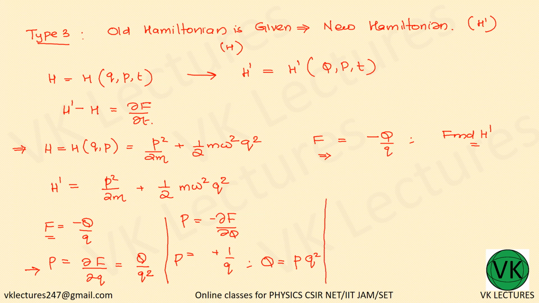Now once again we will write H dash, which is equal to small p square by 2m plus half m omega squared q squared. Now we need to write what is p squared.